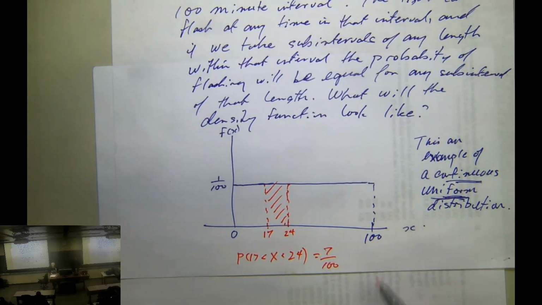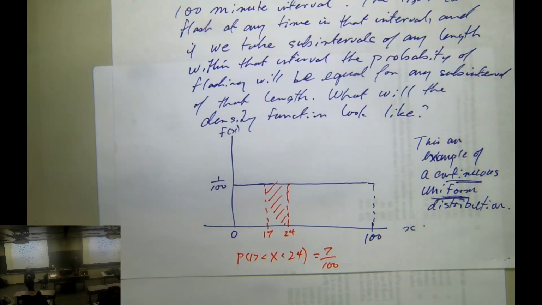Okay, but we're talking about this light flashing, and light is very, very fast. It's going to rise instantaneously sometime in that interval, so we could keep shrinking our intervals smaller and smaller. What is the probability that the light flashes within any 1 second interval?